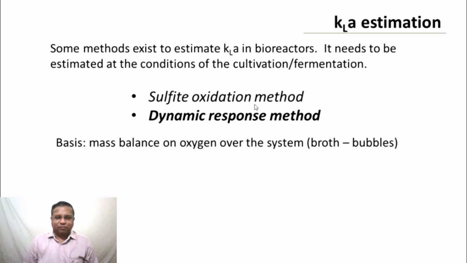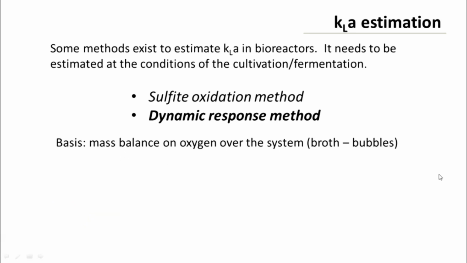For the background to this method, let us again look at the mass balance on oxygen over the system, broth minus bubbles. Ri minus Ro plus Rg minus Rc equals the accumulation rate: input, output, generation, consumption.